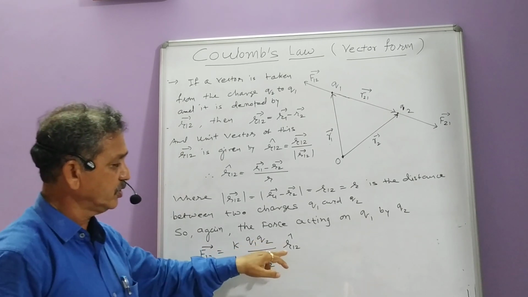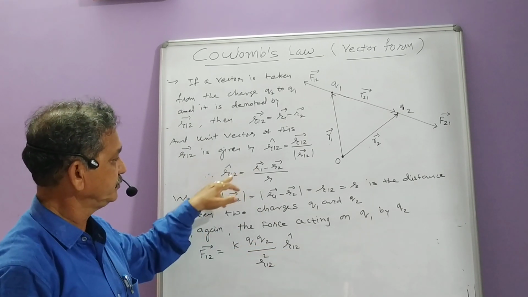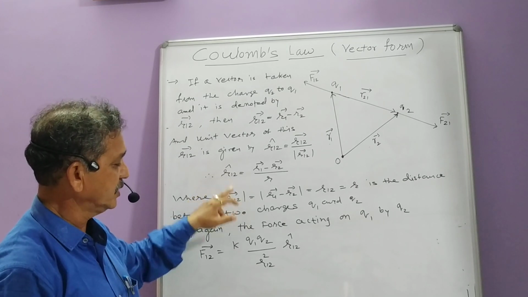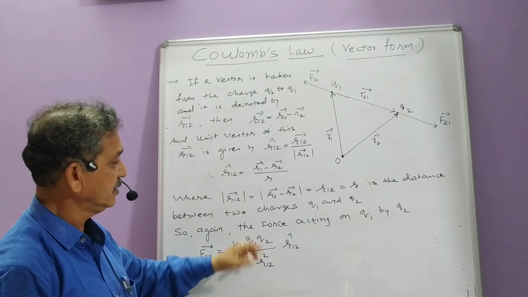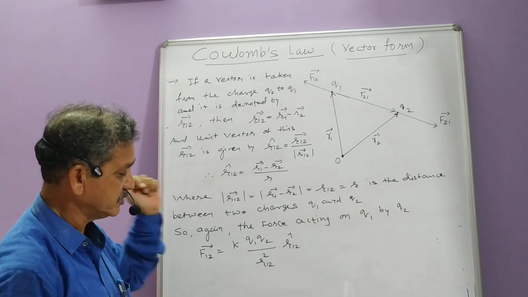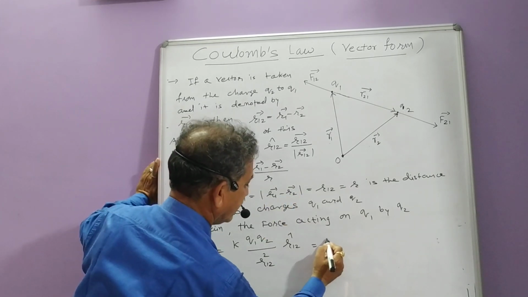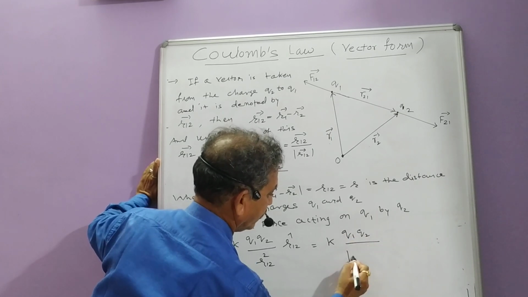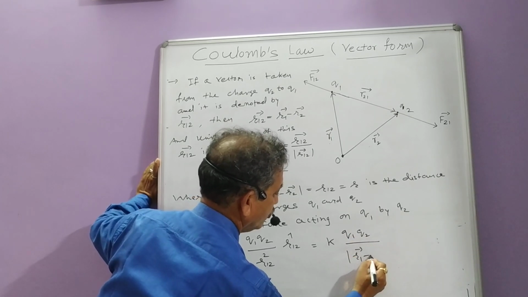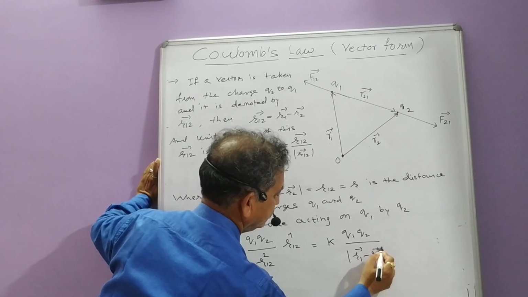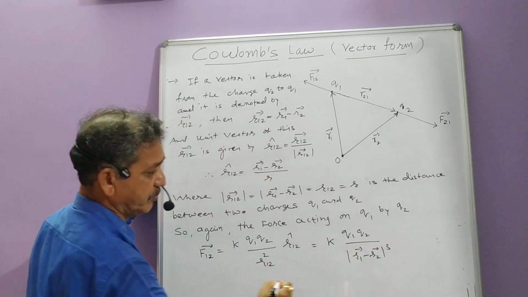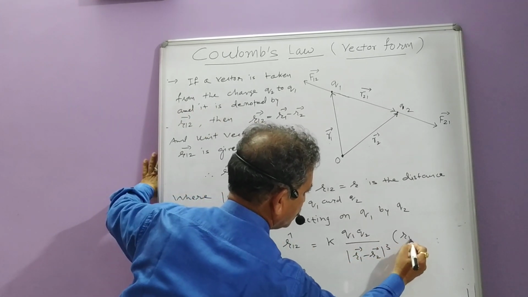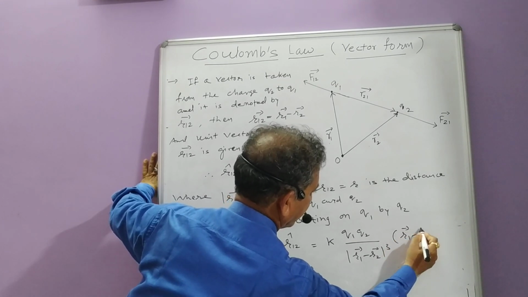If you substitute the formula of unit vector r12 like this, with r12 being modulus of r1 minus r2, then this equation can also be rewritten as k q1 q2 upon the cube of the modulus of r1 minus r2, into the bracket r1 minus r2.